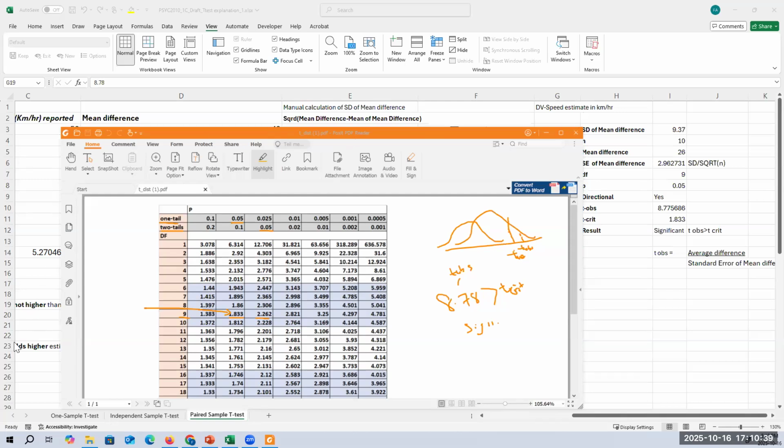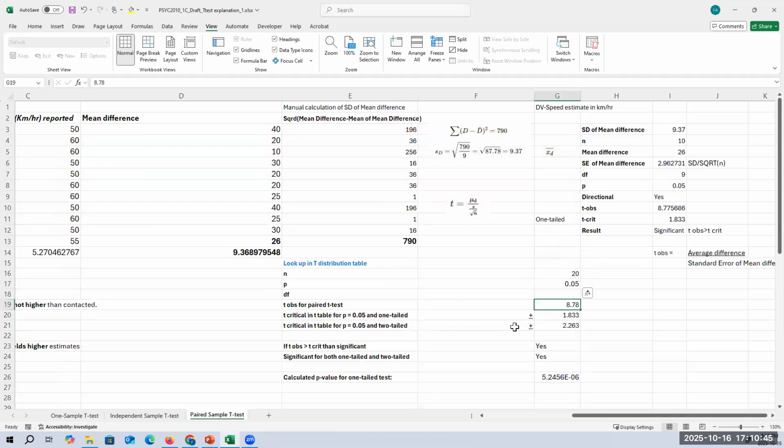Now, if we wanted to look at how we calculated the p-value, you can calculate it in Excel, and I just wanted to show you how it is done in Excel in terms of the calculation.